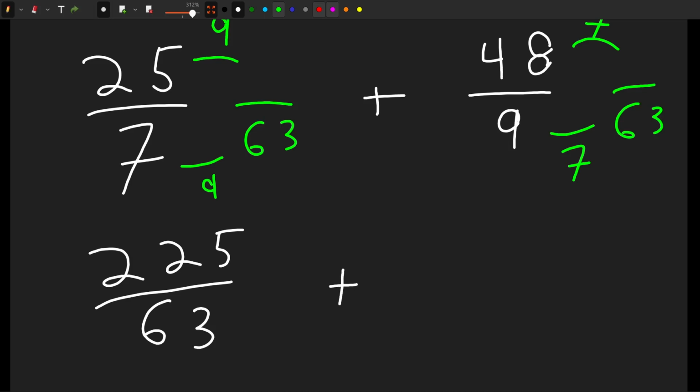And then over here, we have 48 times 7. And for that, I'm going to work it out by hand because that looks painful. So 48 times 7. 8 times 7 is 56. Carry the 5. 4 times 7 is 28. Add the 5 back. We're going to get 336.